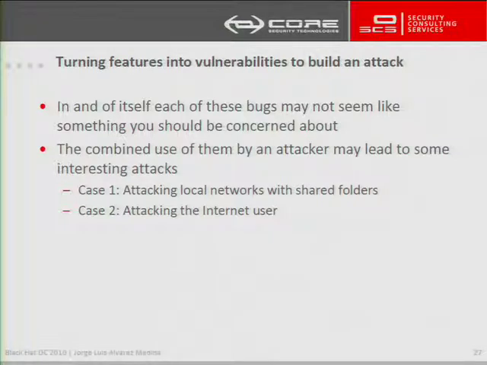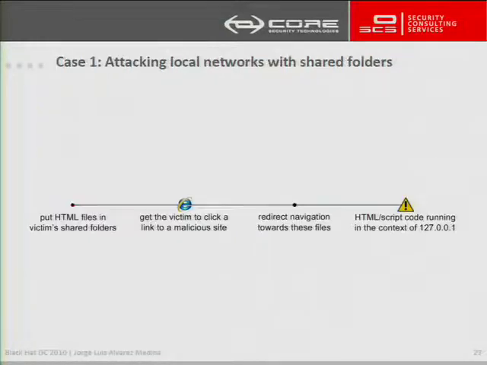The first one will have fewer steps and is intended to cover a scenario in a local intranet where users have shared folders for exchanging documents, music, and so on. And the second will be more general, covering the common internet user directly connected to the internet.